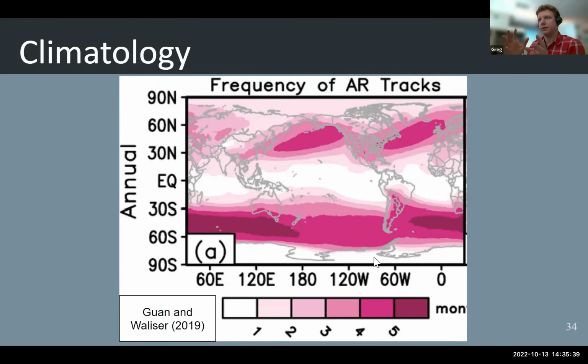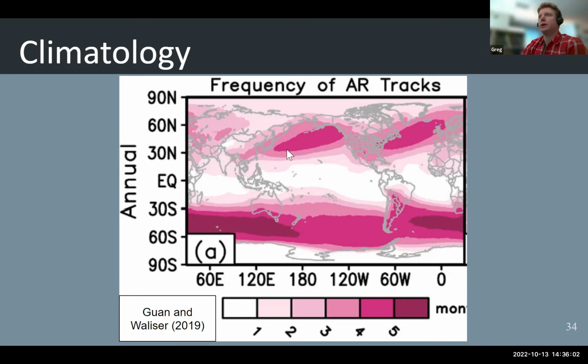And again, these types of maps are very susceptible to the type of AR detection algorithm you use. And the way this algorithm was designed, it's not really going to pick up on these polar ARs. So that's why there are no ARs indicated over Antarctica or over the Arctic either, even though there are ARs that affect those regions.